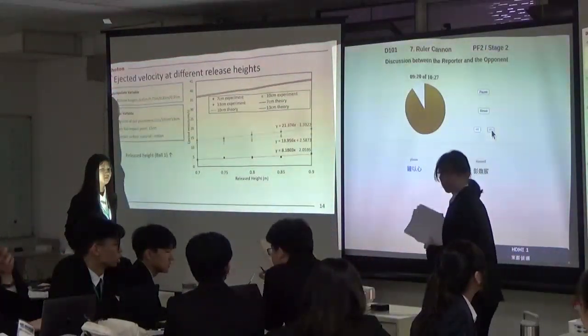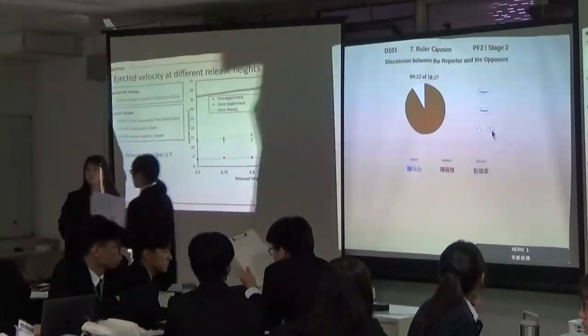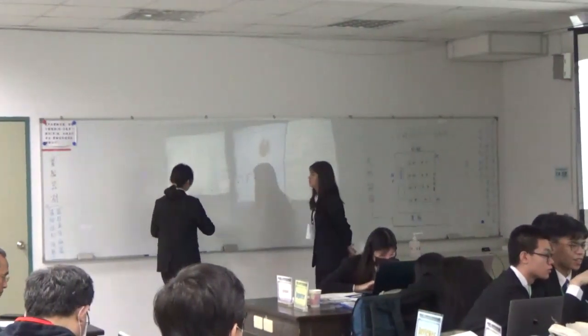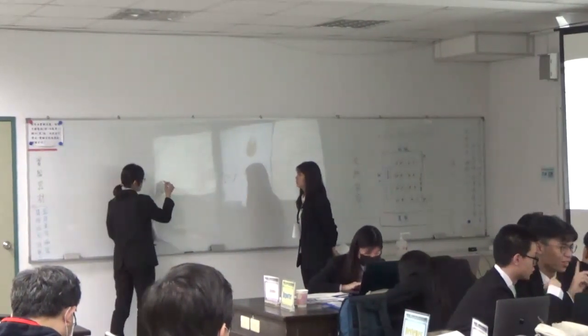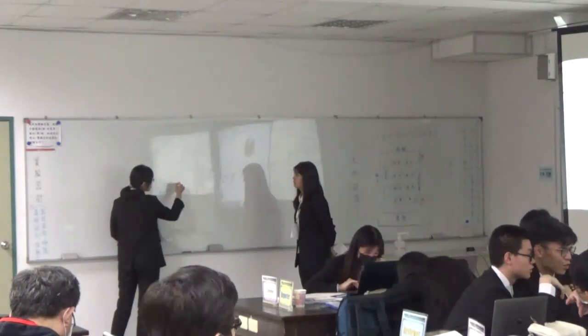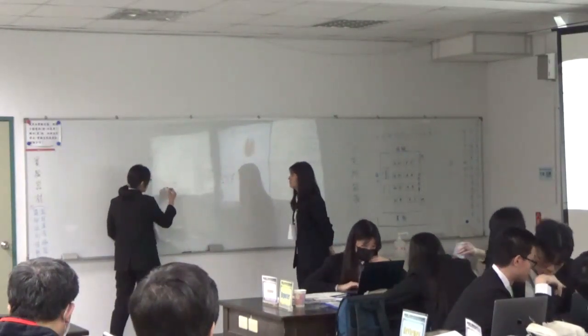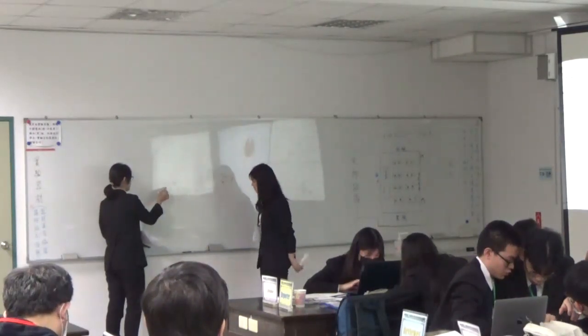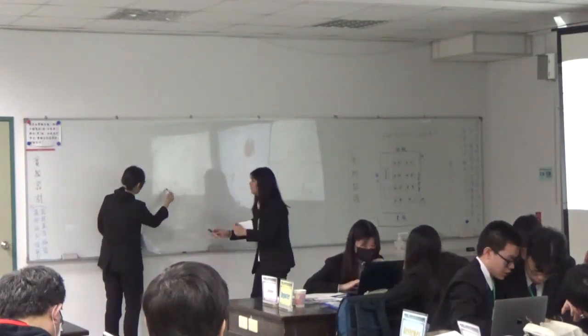No, I don't think so, because in this one the ball might be here, and in the injection you place the force here, right? Yes. And there is no other force to have the vertical force.